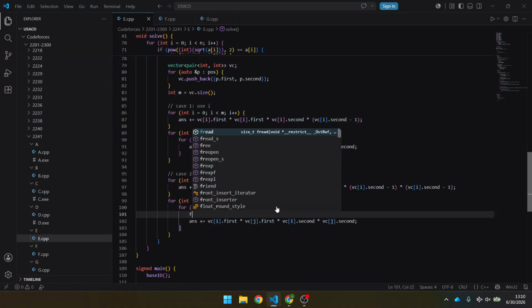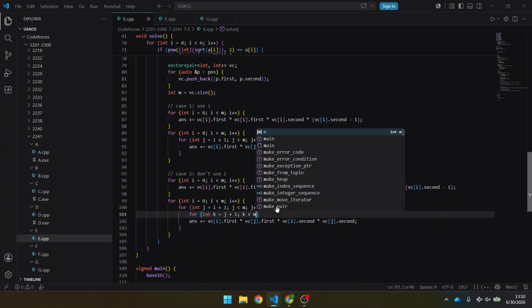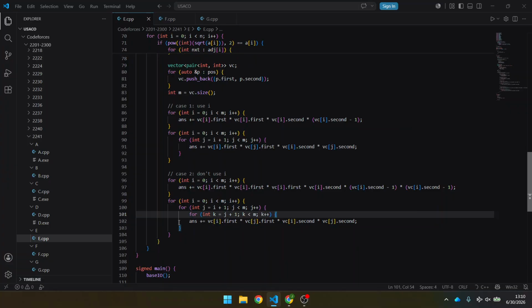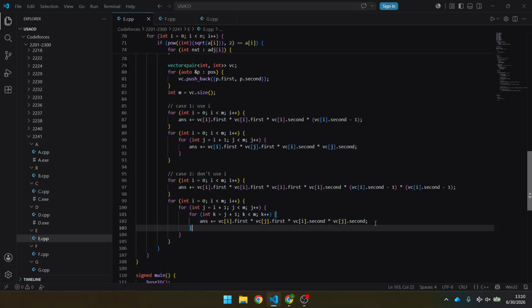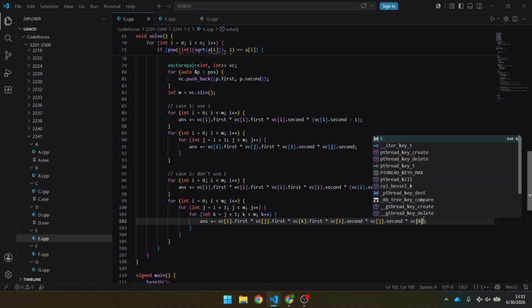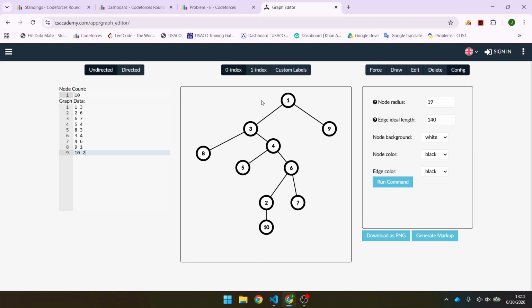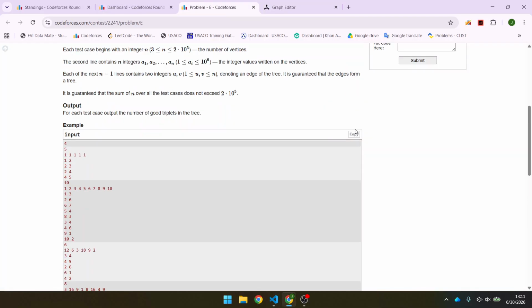And we add a k here. It's vc k dot first times vc k dot second. I won't add the modulo right now, I'm just gonna test it.